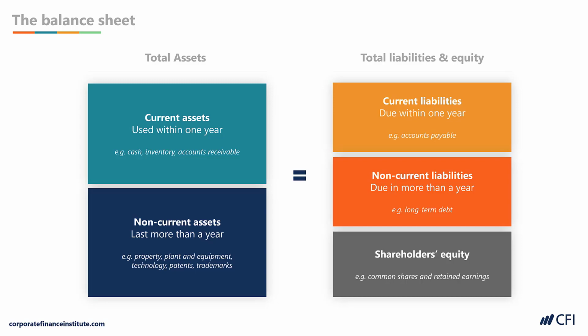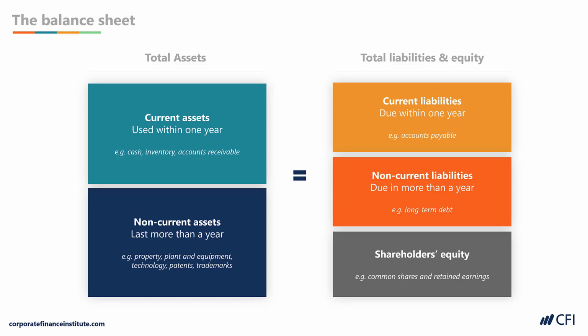If the company produces a profit, that net income flows into shareholders' equity as retained earnings. Those earnings can be retained and remain on the balance sheet, or they can be paid out in the form of dividends, which reduces retained earnings. If losses are generated, those also reduce the retained earnings account.